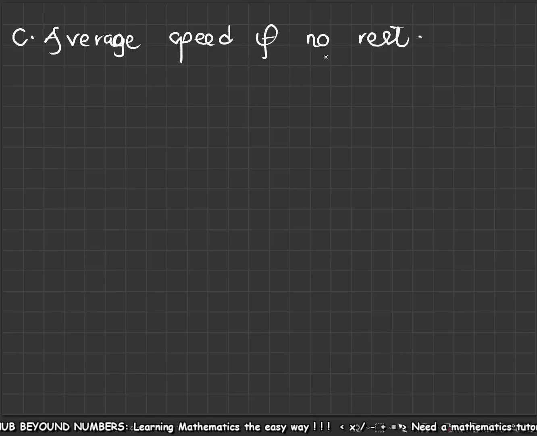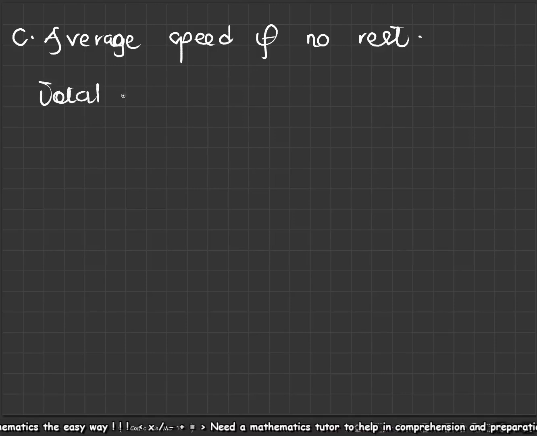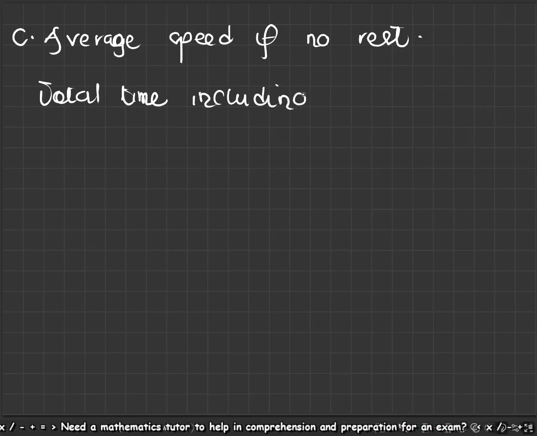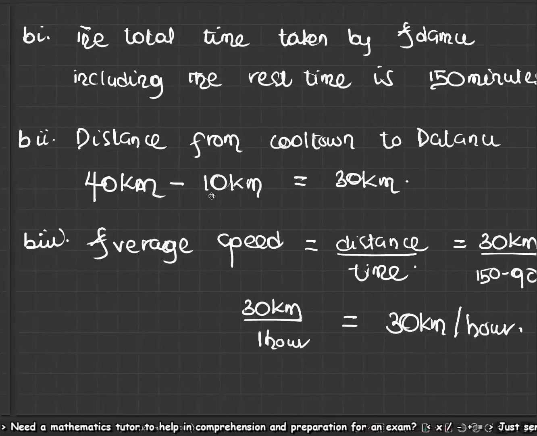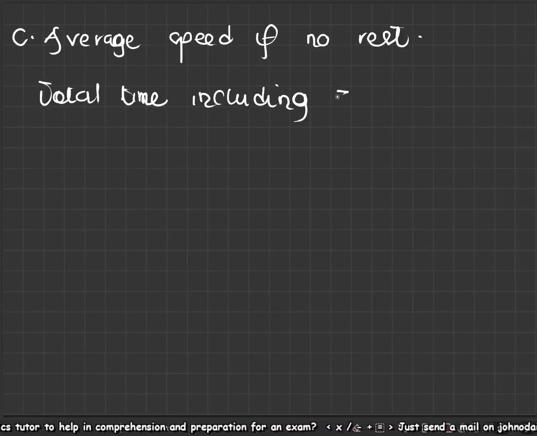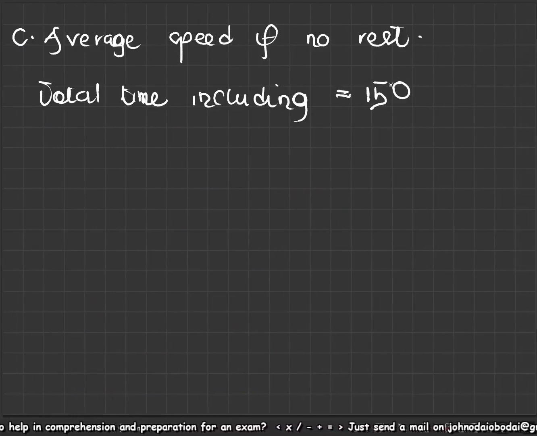Let's look at how we can go about that. So average speed if no rest. Now we know the total time taken, including rest. So total time, including rest, was 150. Now, rest alone.